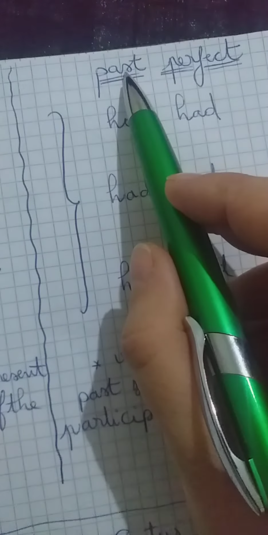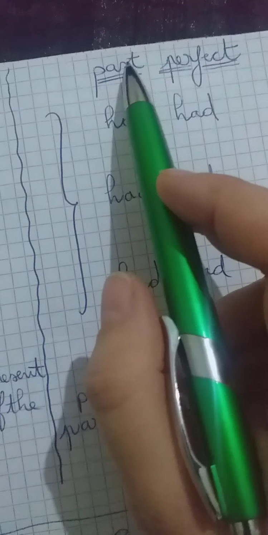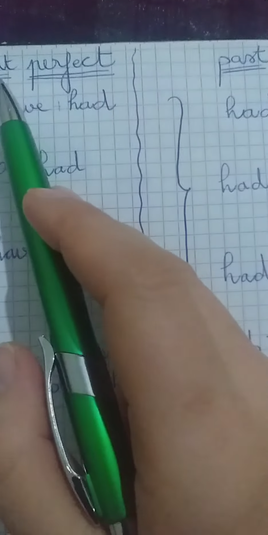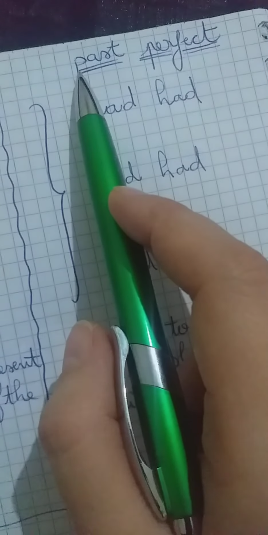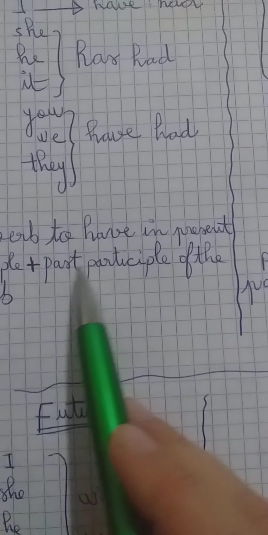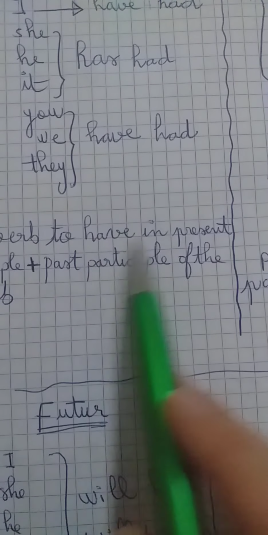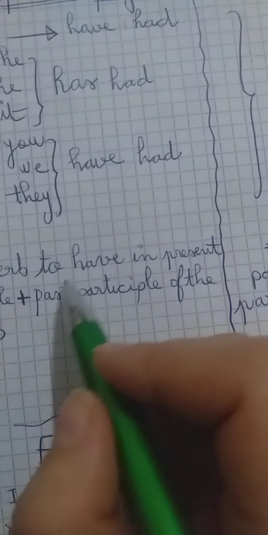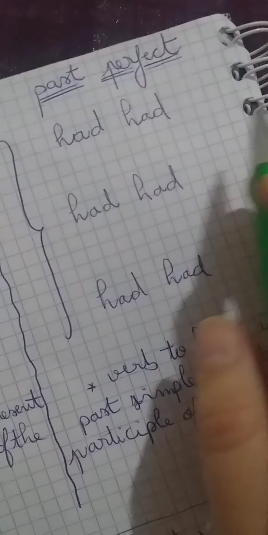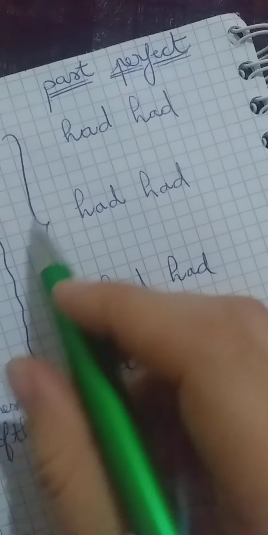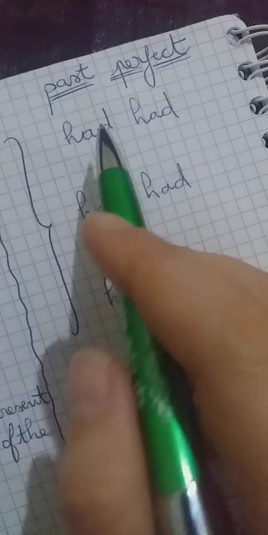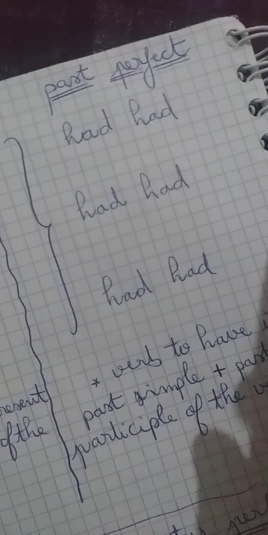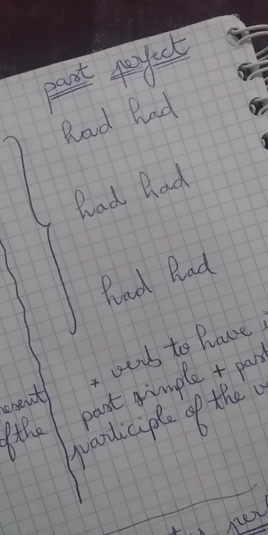The past perfect. Here, present perfect. And here, past perfect. C'est la même règle, mais ici, on change to have in past perfect. Donc, with all personal pronouns, comment on conjugue to have in the past simple?